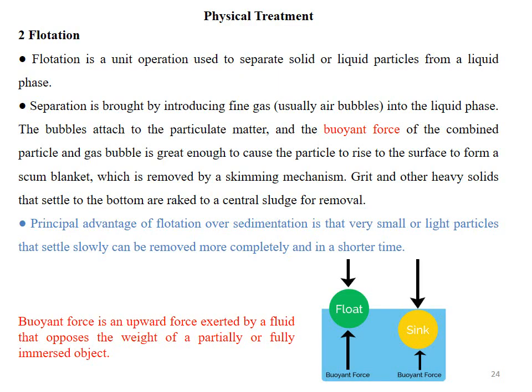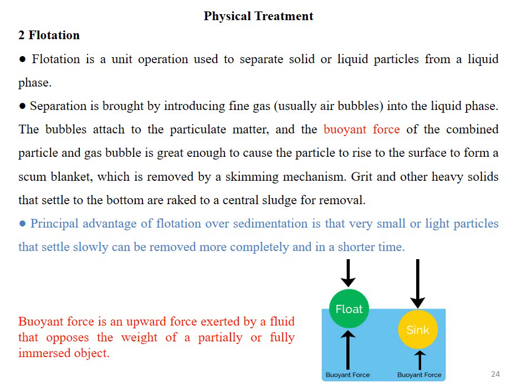The physical treatment of wastewater can also be carried out by another process that is known as flotation. This flotation is a unit operation used to separate solid or liquid particles from a liquid phase. In flotation, the separation is brought about by introducing a fine gas, usually air bubbles, into the liquid phase.